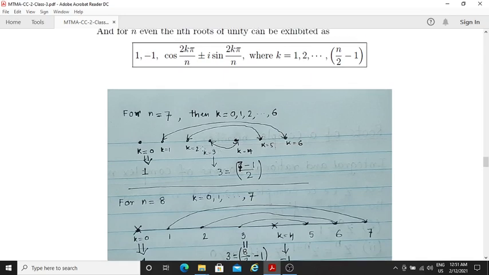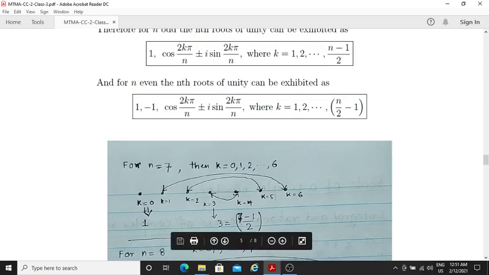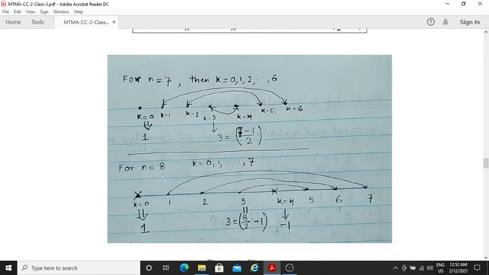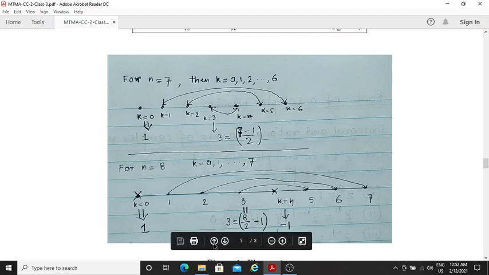All right. And the last one, you can see this is 3. Now 3 can be written as 7 minus 1. I will come to that. Okay, let's not do that. In the even case, as we have already seen, there are two real roots, corresponding to k equals 0 and k equals n by 2. So for the even case, n is 8. There will be two real roots for k equals 0 and k equals 4, plus 1 and minus 1.